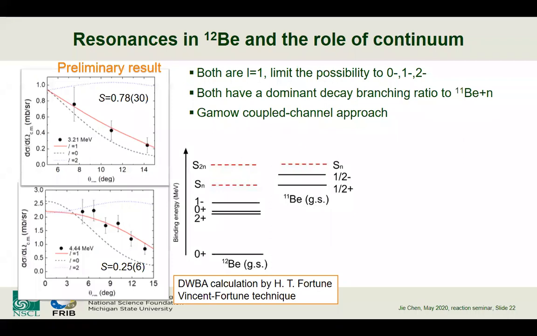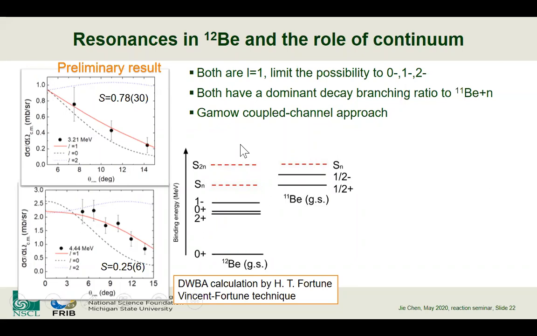But if this is an L equals 0 transition, then these states will decay via emission of 1 L equals 0 neutron. Because this won't encounter any centrifugal barrier, the decay width of these states can be quite large, which does not agree with the experiment.